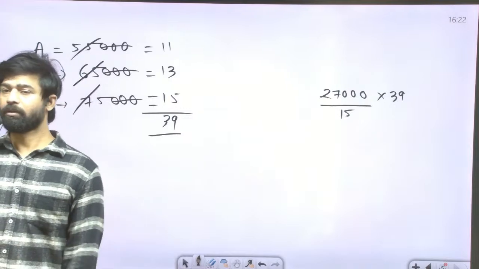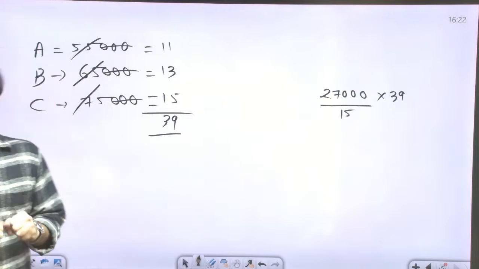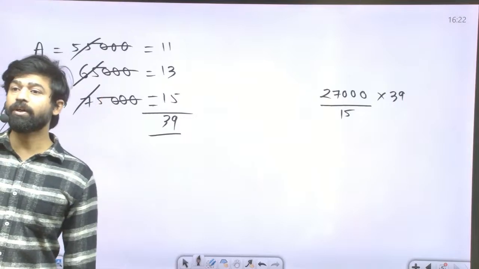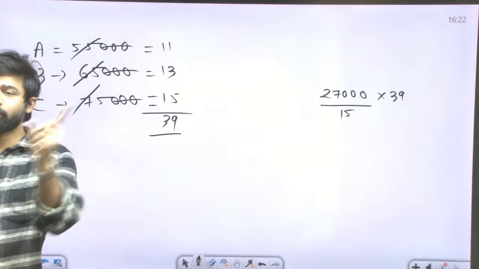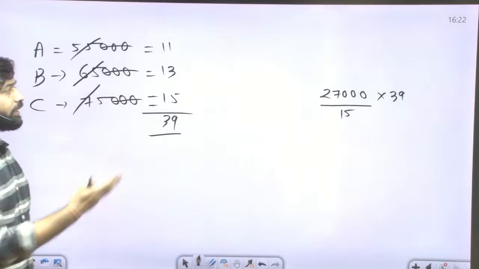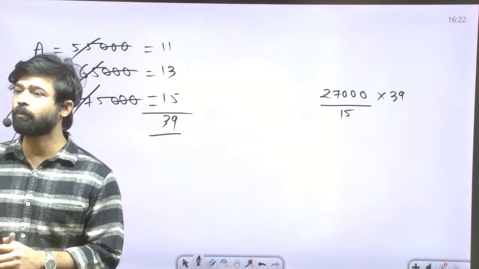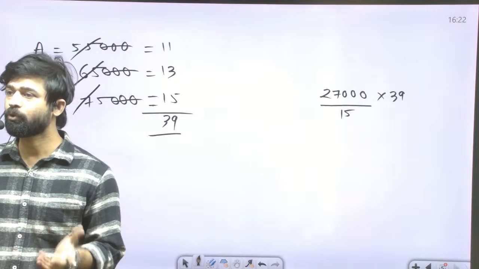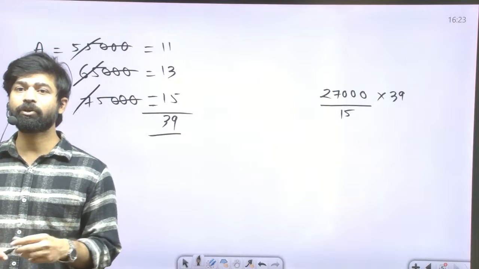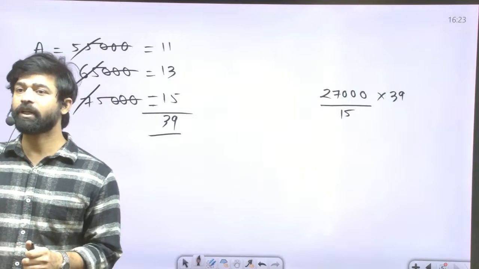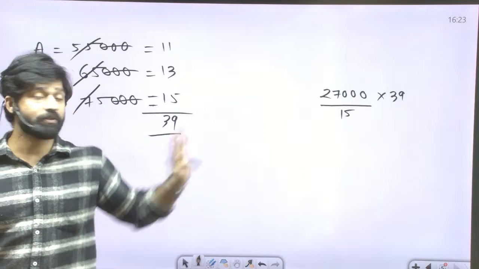Distributable profit, because that profit was given to C after giving 20% of the total profit to A. So we can say that the total profit was 100%, but out of that 20% was given to whom? To A. So distributable profit is what? 100 minus 20, so that is 80%.